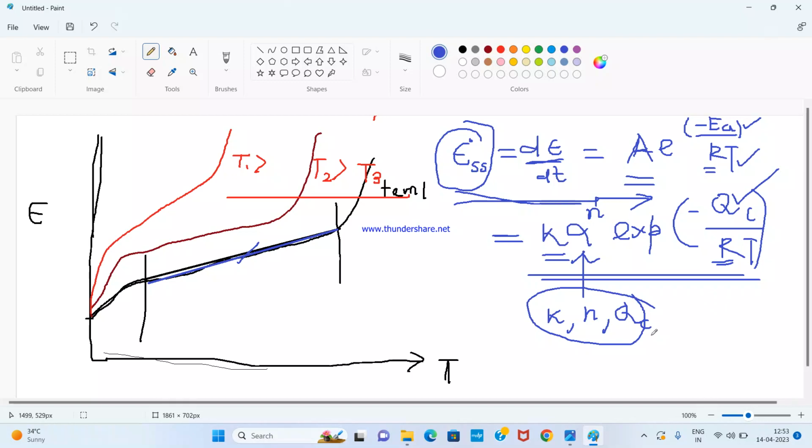For the same material, we will get different curves, and we can estimate it.